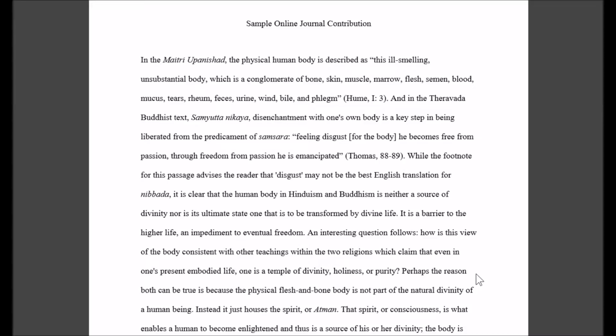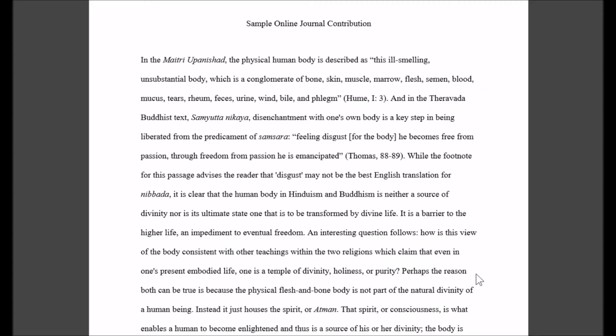It's acknowledging additional questions that are connected to the question raised by the prompt and connected to her own answer to that prompt. So she's saying, this isn't just the end of the discussion. There's another question. How is this view of the body consistent with other teachings within the two religions, which claim that even in one's present embodied life, one is a temple of divinity, holiness, or purity?